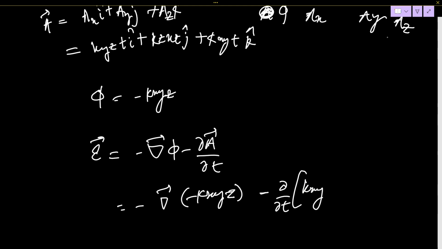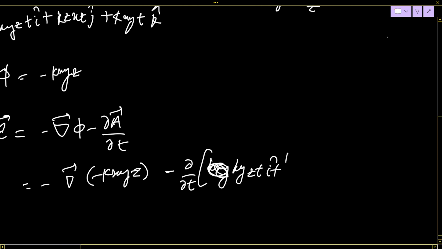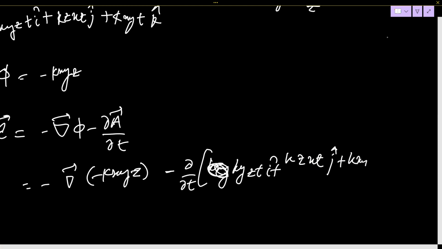So let's do one thing. See, del by del t, okay, let me write it. No worries. Kyzt i cap plus kzxt j cap plus kxyt k cap.